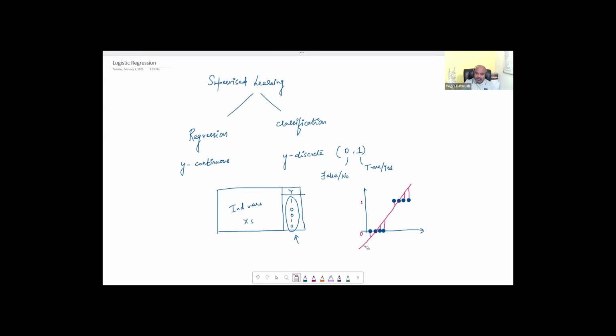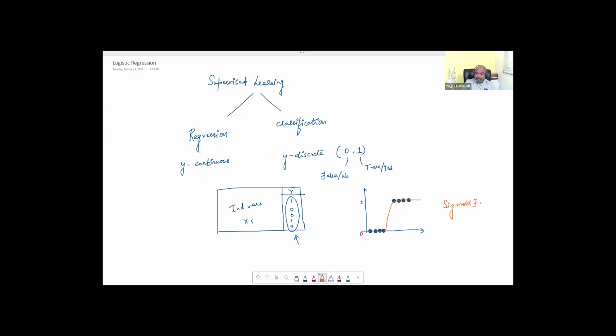Instead, if I try to go with another line, let us say a curve, something like this would justify all the points. So this is not a linear curve, it is a non-linear curve, and it is given the name sigmoid function.